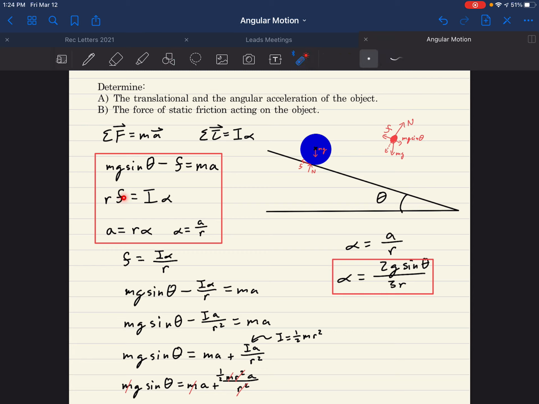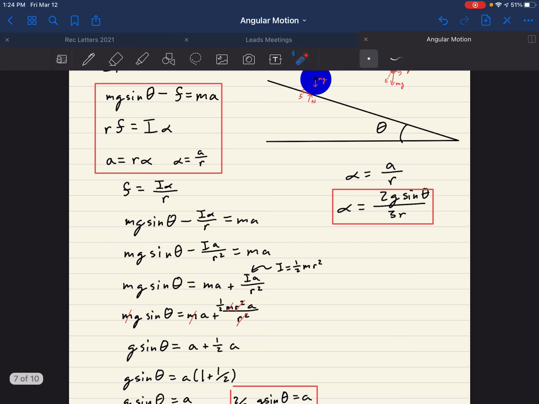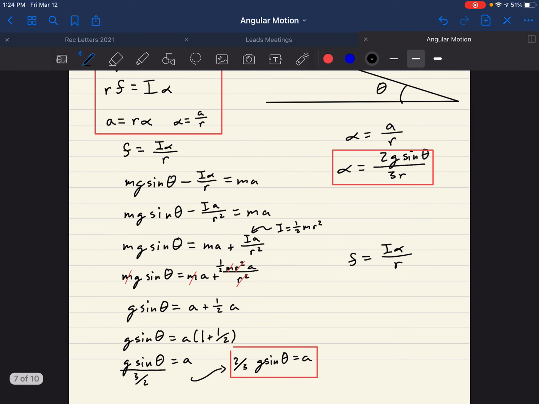Okay, last bit. Find the force of friction. Well, we can do that now because we know alpha, we know I, we know r. So if I just take this equation for friction, right, I already solved it there. We've got F equals I alpha over r. I know I is 1/2 mr squared.